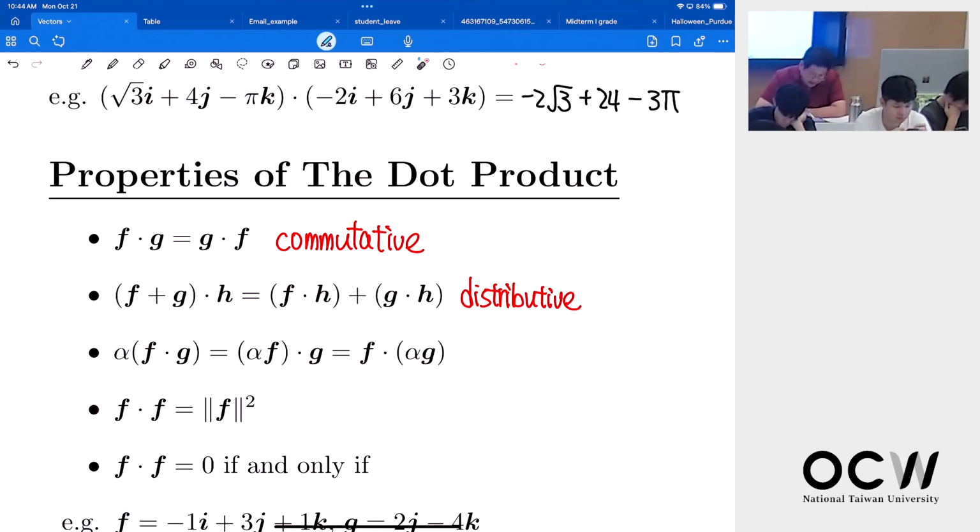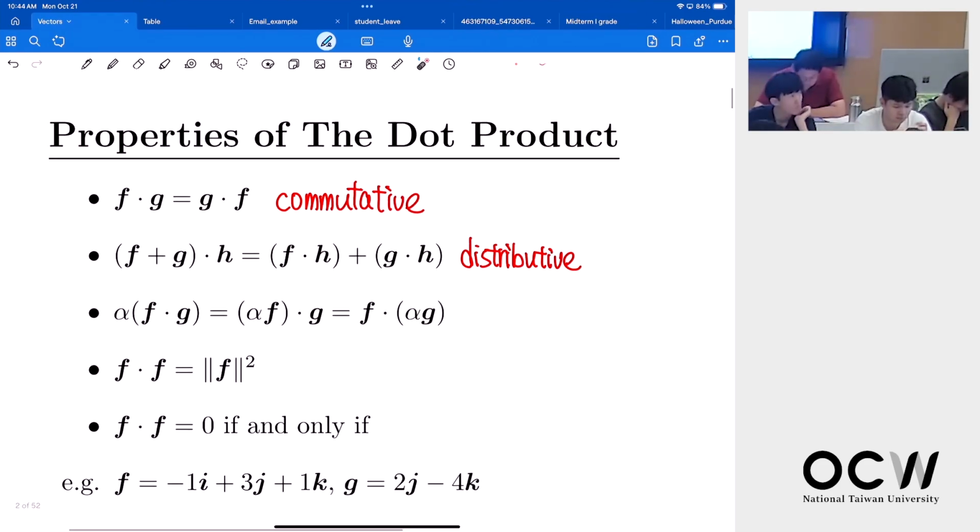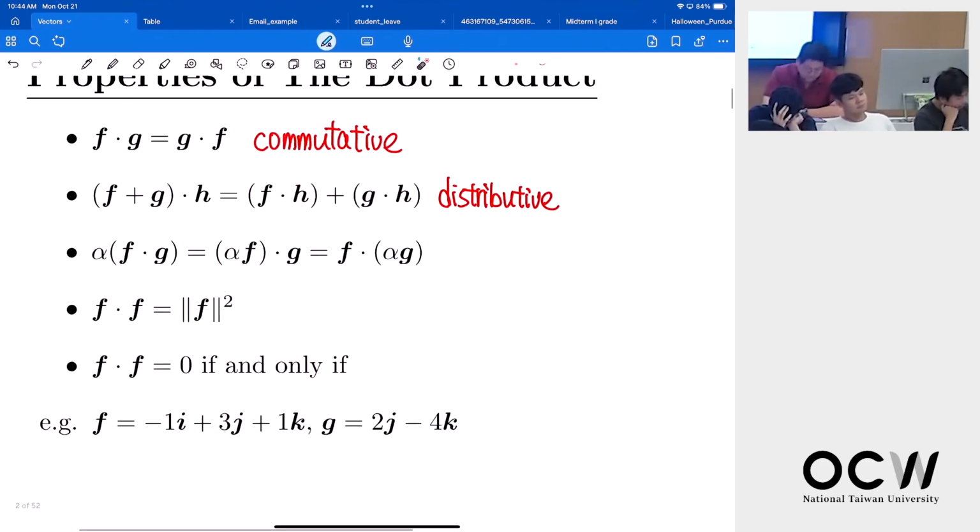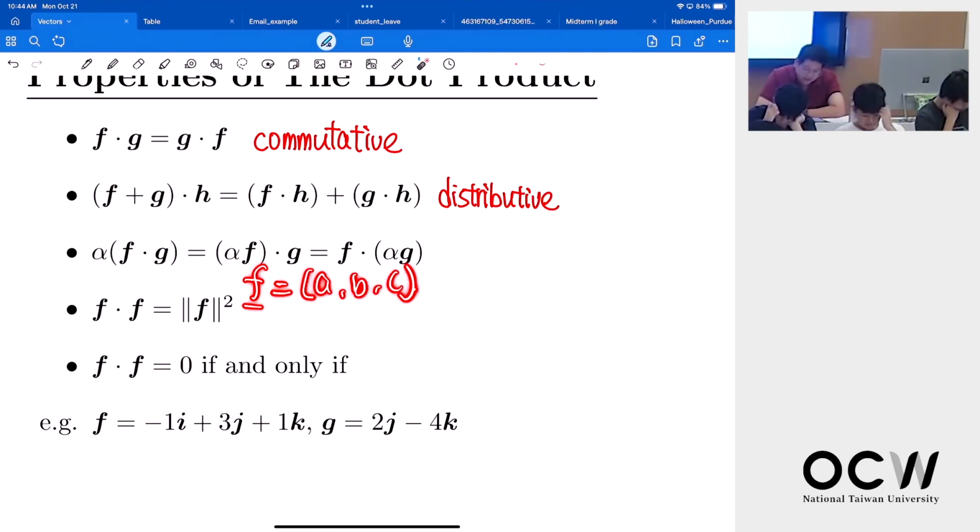If I have the same vector doing the dot product, then there will be the norm square. Remember, this is a norm, and that's norm square. Suppose f is (a, b, c). What is the norm of f?